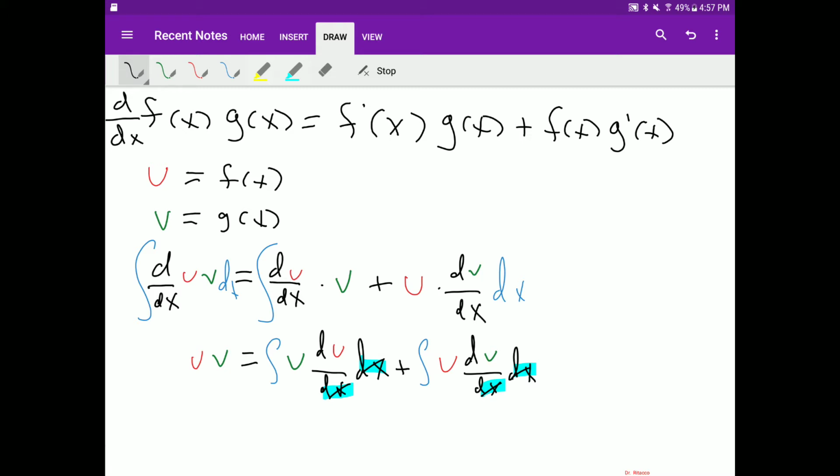Now to make this useful, I'm going to solve for one or the other, and the one that we traditionally solve for is the integral of u dv.